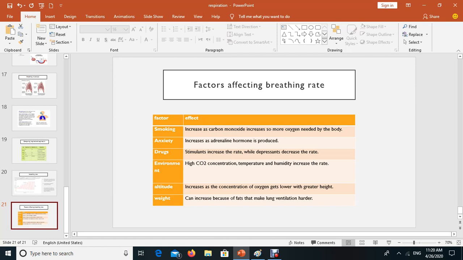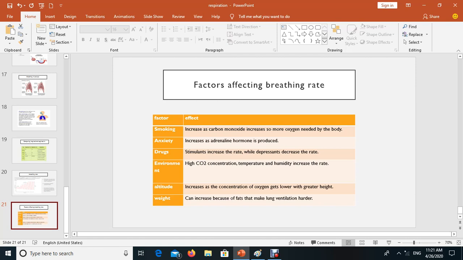At the same time, nicotine in smoking increases blood pressure. Okay, so that's why it increases the heart rate in the long run. But immediately when you smoke, on the spot, the breathing rate increases because carbon monoxide now gives an alert to your body, because hemoglobin is combining with it now.